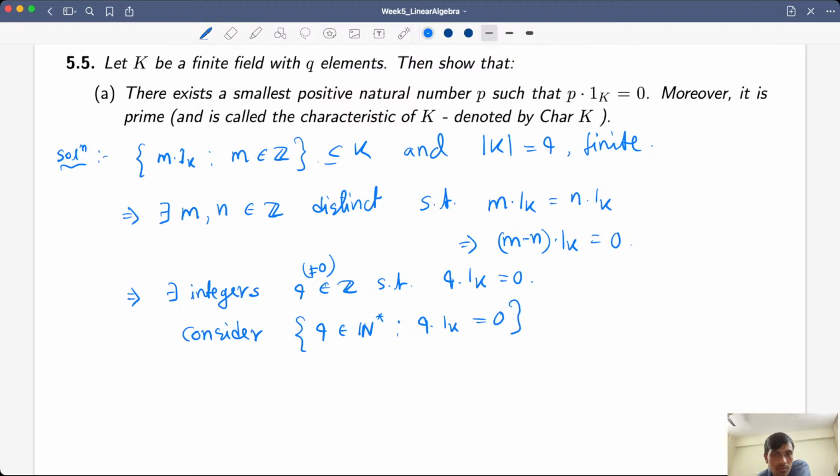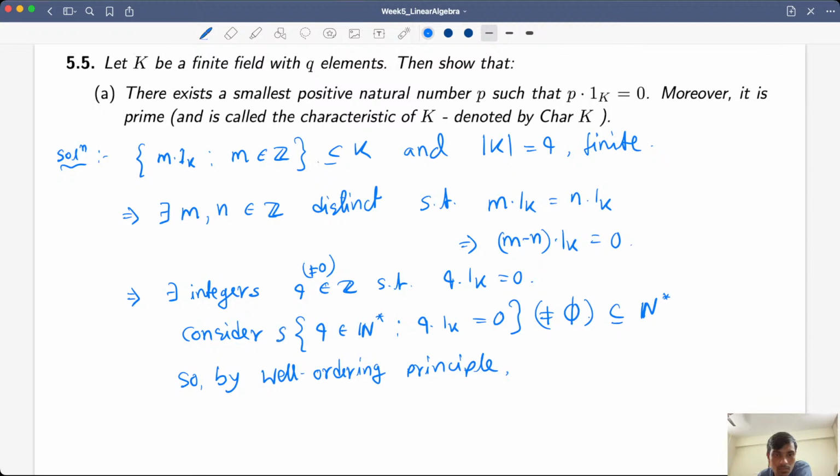This is clearly non-empty because by the above thing it is not equal to the empty set, and it is a subset of the natural number set N star. So by the well-ordering principle, there exists a least element in this set.